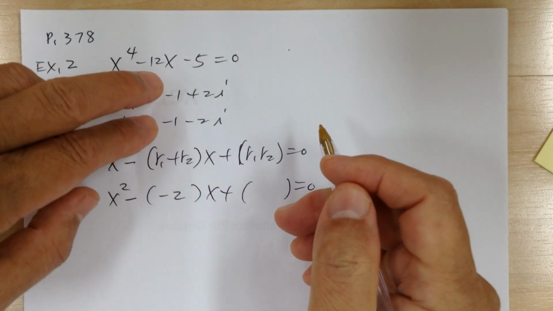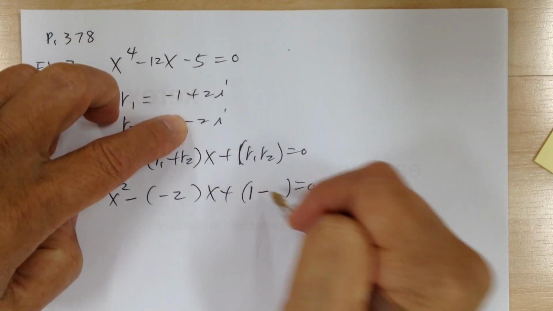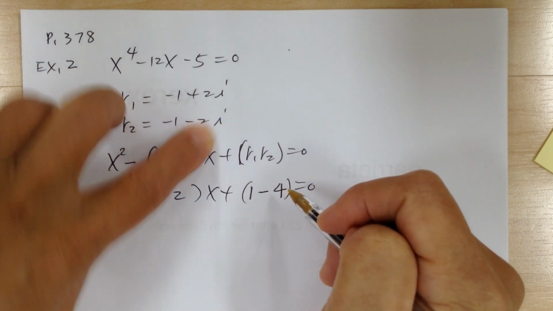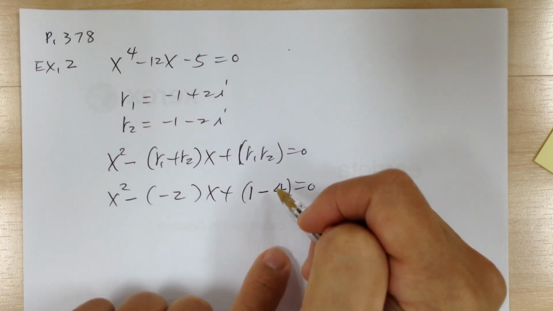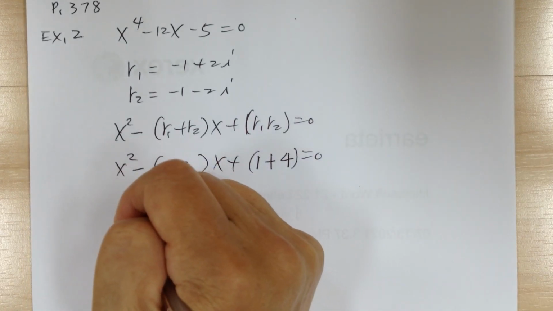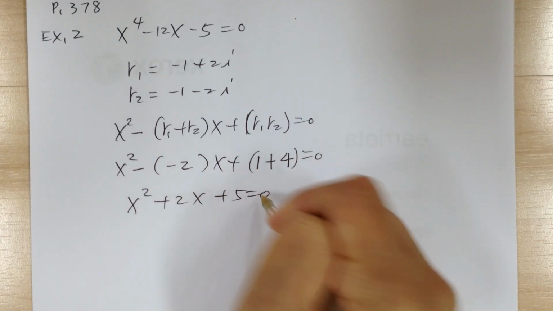When you multiply, negative 1 times negative 1 is positive 1. Plus times minus is minus; 2 times 2 is 4, and i times i is negative 1, so negative 4 times negative 1 becomes plus 4. Simplify, and you get x squared plus 2x plus 5 equal to 0.